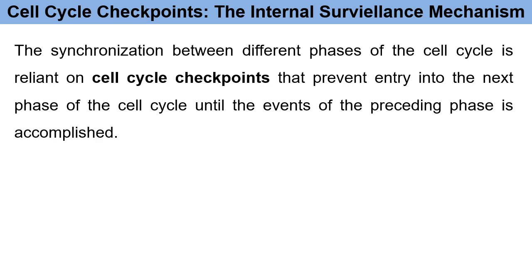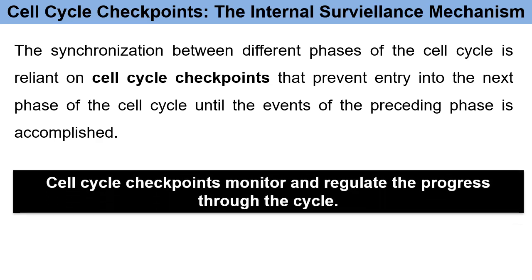For example, the DNA has to be completely replicated before the cell undergoes chromosome segregation or mitosis. In short, the cell cycle checkpoint monitors and regulates the progression of the cell cycle.